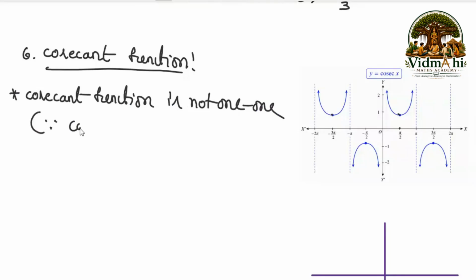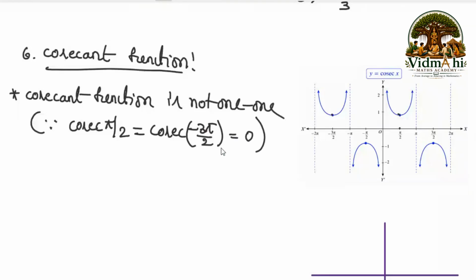Cosec 90 as well as cosec minus 3 pi by 2, and so on, in all these values the value is 1. So multiple elements have the same value, so therefore the cosec function is not one-one. So we have to restrict the domain.